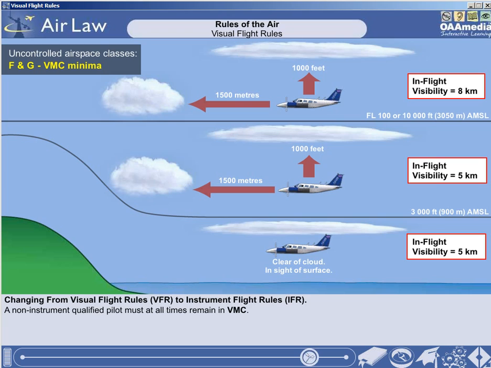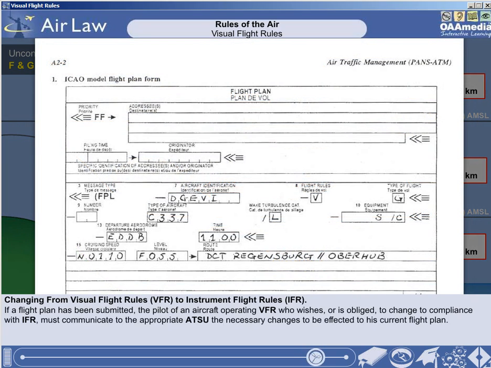However, if an appropriately qualified pilot wishes to or is obliged to change from the visual flight rules to the instrument flight rules, he must take the following action. If a flight plan has been submitted, the pilot must communicate to the appropriate Air Traffic Services Unit the necessary changes to be effected to his current VFR flight plan.